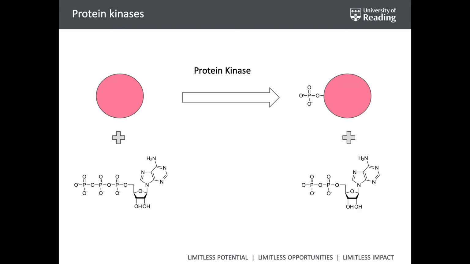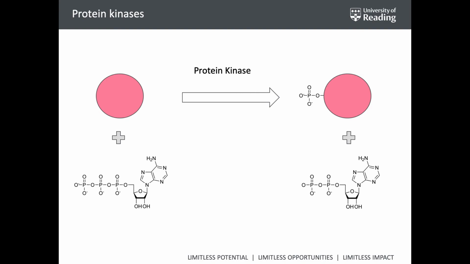This is a very simple cartoon explaining what kinases do. This is a blob representation of a protein kinase. It binds to ATP and hydrolyzes it into ADP, adenosine diphosphate, and a phosphate group, modifying either itself or other proteins within the cell. And so what the kinase does, it acts as a biological catalyst.